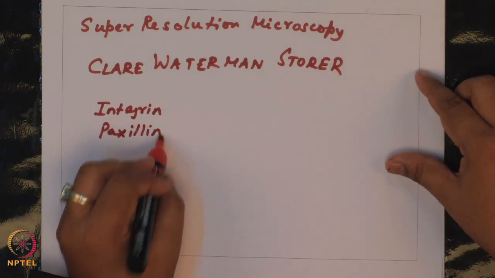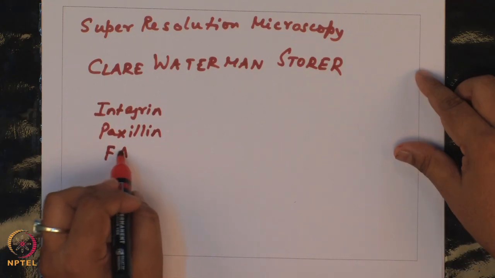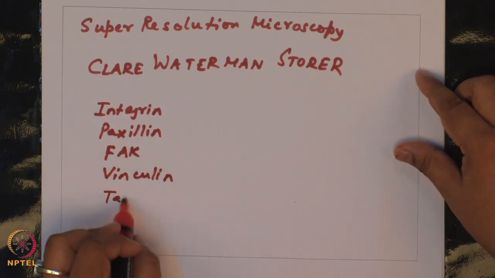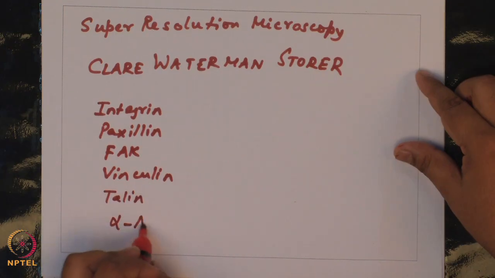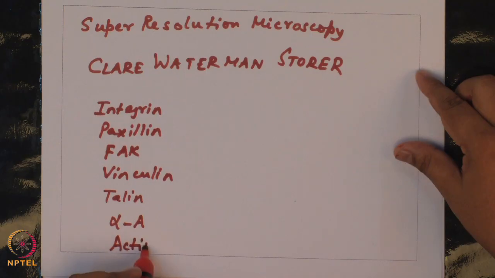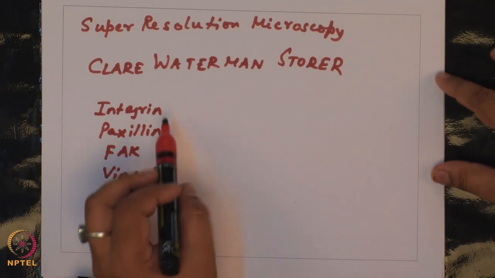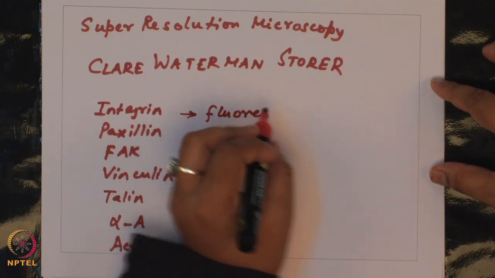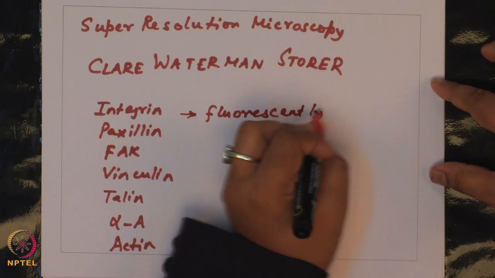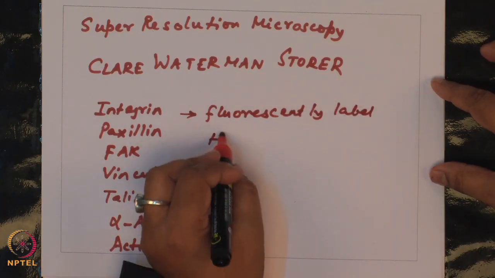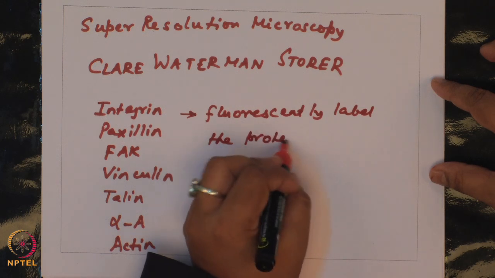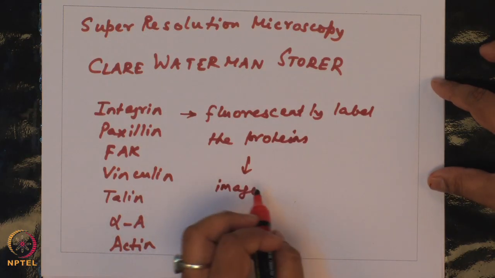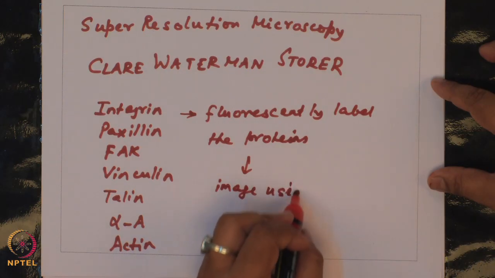integrin, paxillin, focal adhesion kinase, vinculin, talin, as well as alpha actinin and actin. Okay. What she did was fluorescently label these proteins and then image them using super resolution microscopy.